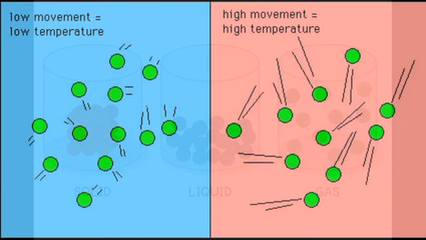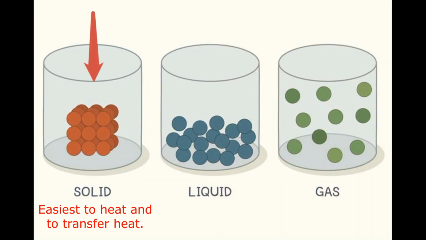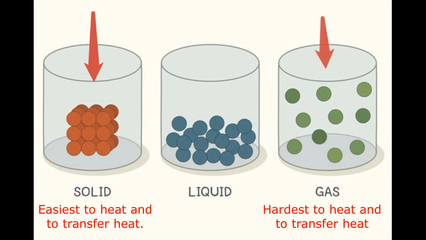Now, a quick reminder, again, heat is just high movement of molecules. I wanted to highlight that now so we can discuss which type of matter is the best heat conductor. Here we can see solid and gas. Well, solids are really great at heat transfer because, as you saw earlier, the molecules are moving around, and in a solid, everything's close together, so it can transfer its motion from one molecule to another.